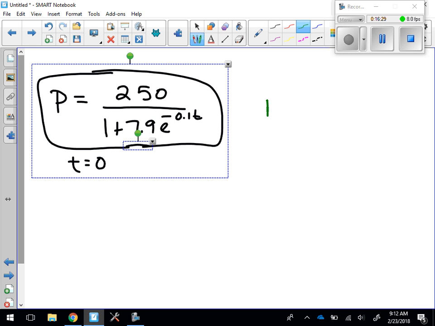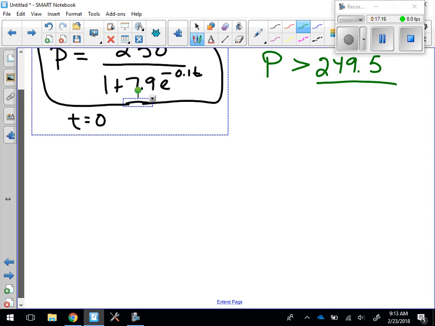If I let P be anything bigger than 249.5, that's going to round to 250 gorillas because I can't have half of a gorilla. You could use 249.9, it doesn't matter, as long as you use something bigger than this so that it rounds to 250, we can play with the math and come up with a time. It's a way to solve the problem because it's a real world problem.